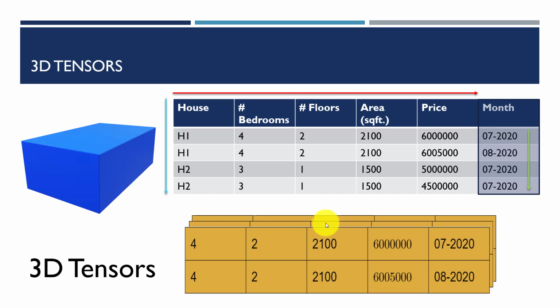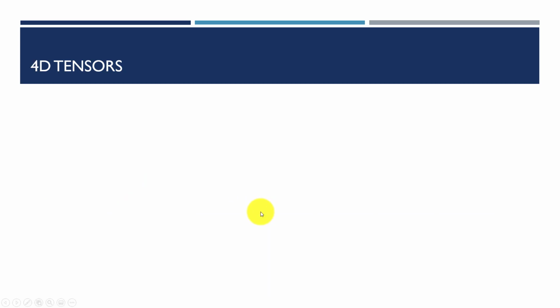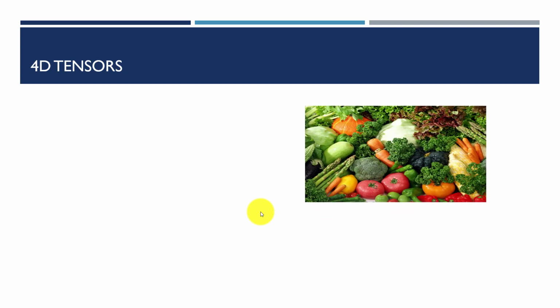Okay, now let's talk about higher dimensional tensors. We will move to 4D tensors. For 4D tensors, I think the best example is how we process images in a neural network and how we basically represent images in a neural network. So let's say we have an image over here. What are the different features it has?